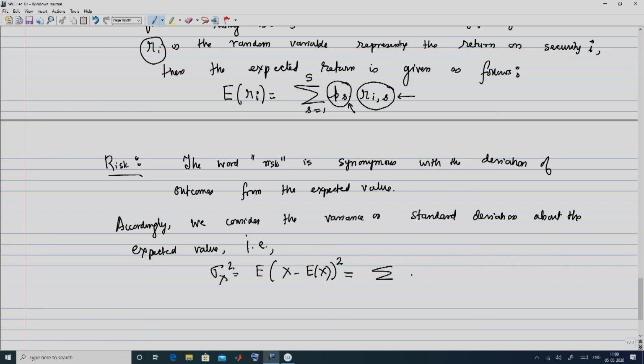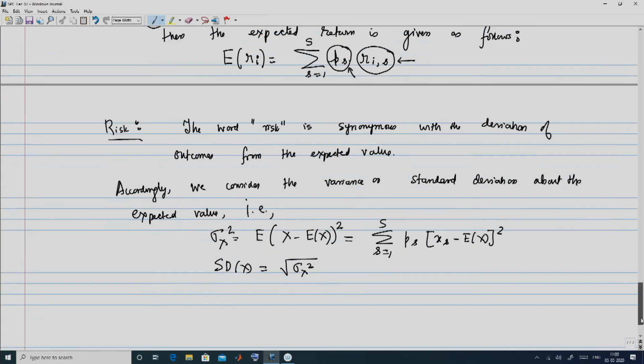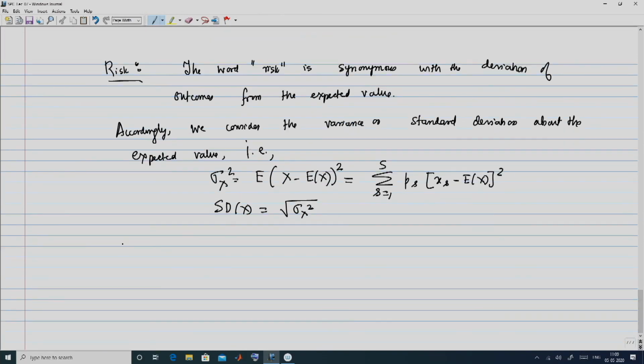In the notation of probability and random variables in this discussion, this is going to be the summation of p_s times (x_s minus E of x) square, s equal to 1 to capital S, and the standard deviation of x is equal to the square root of sigma x square. And now we are in a position to talk about the risk of a security.